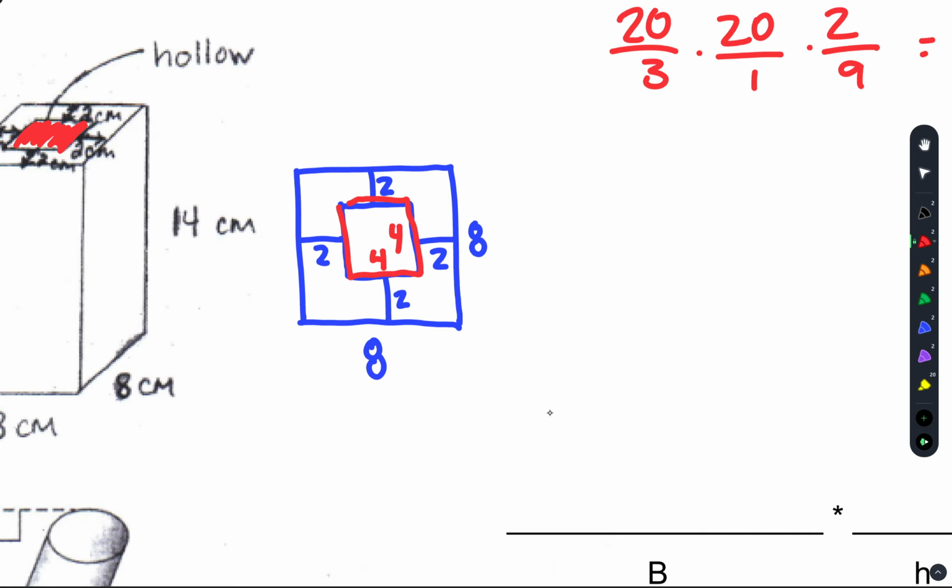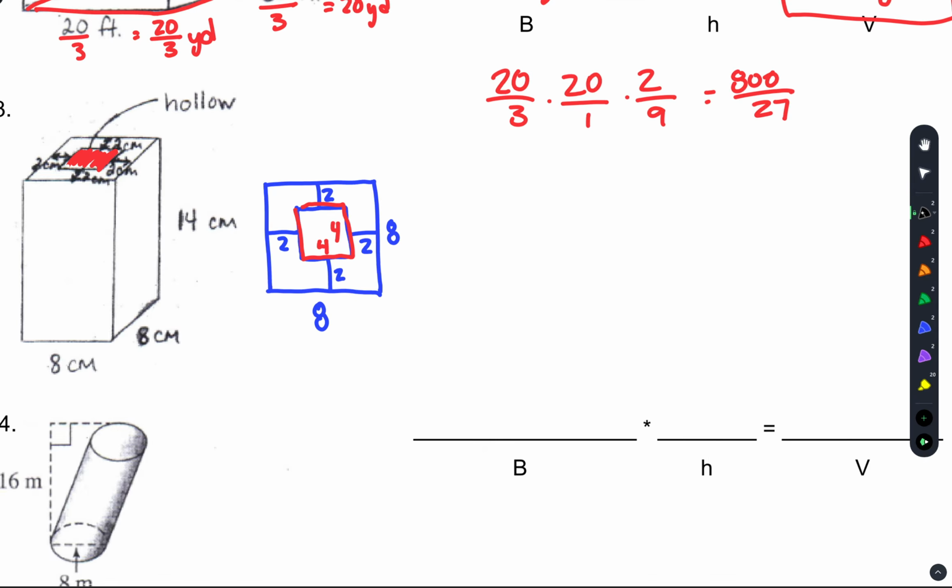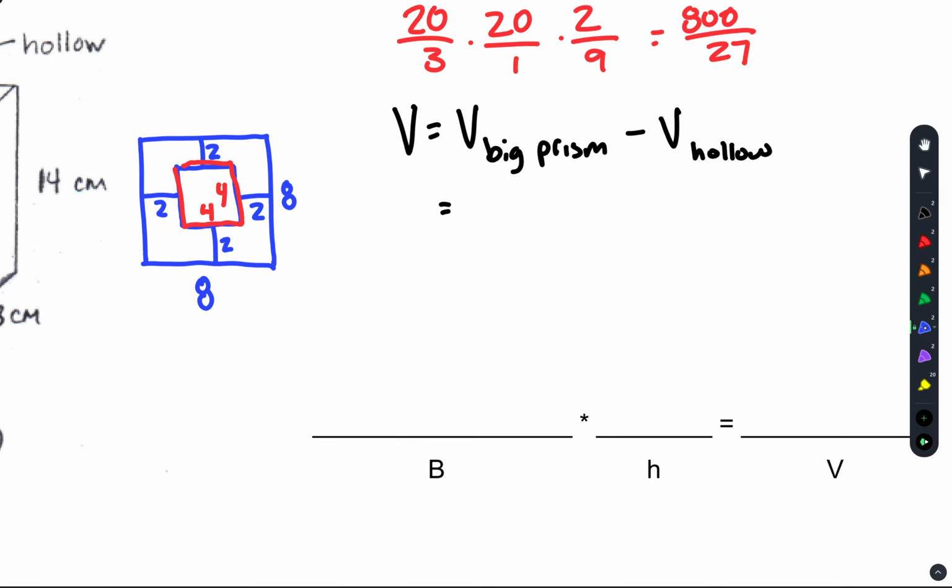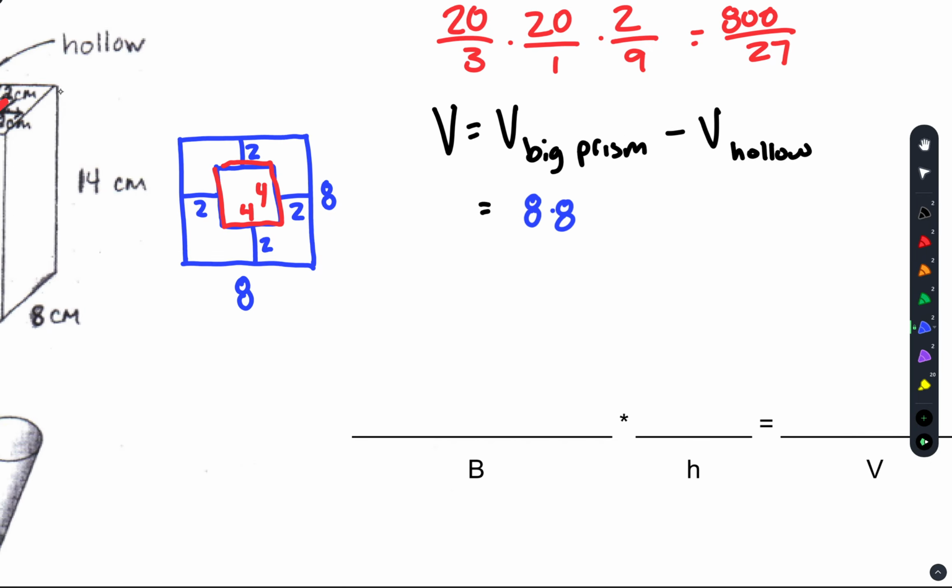I think the easier way, in my opinion, for this problem is to do the hole puncher method. The hole puncher method would say that the whole volume is going to be equal to the volume of the big prism, and then subtract the volume of that hollow piece on the inside. So, the volume of that big prism, the area of this base is 8x8, and the height from base to base here is 14.